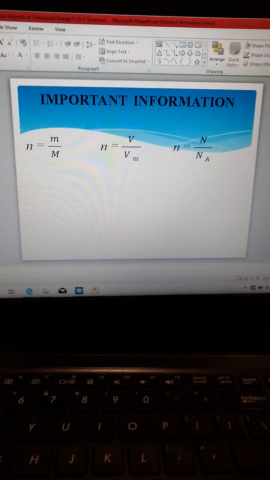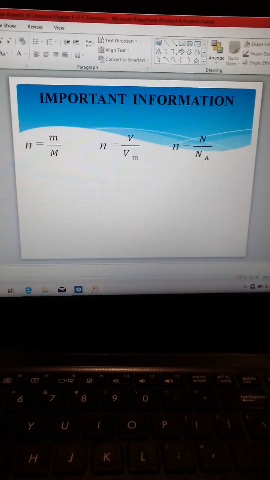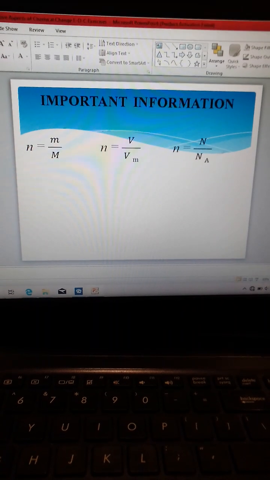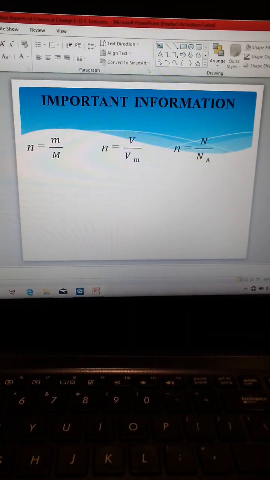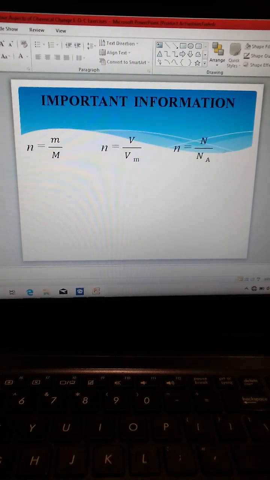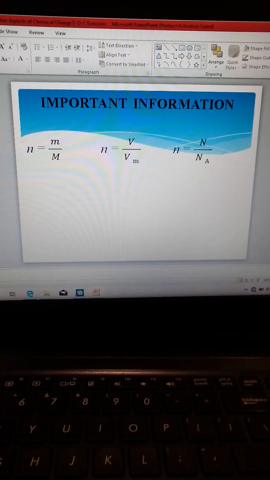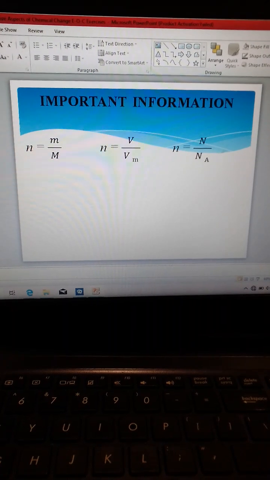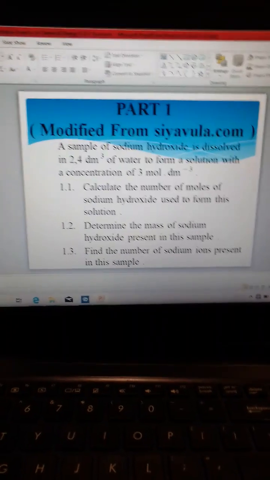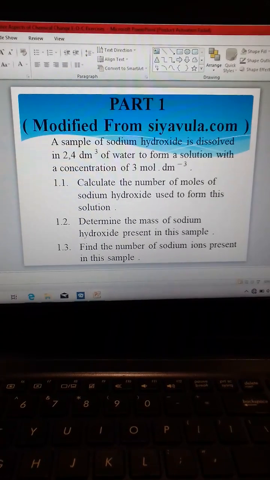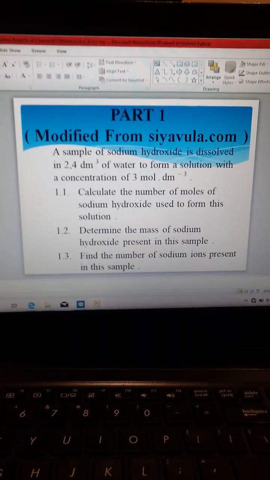Or number of moles is equal to N, which stands for the number of particles in the sample, over Na, which stands for Avogadro's number, which is 6,02 times 10 to the power 23 particles per mole. Please take this down. I modified it from siavoda.com.